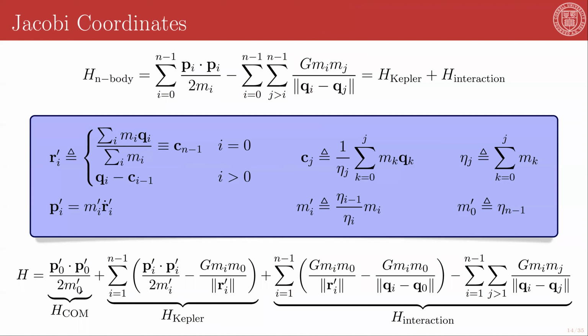We're calling m naught prime the total mass of all n bodies, plus a sum of n minus 1 Keplerian Hamiltonians. So this describes each of the two body orbits around the central body. Thinking about our solar system analogy, this is each individual two body orbit of each of the planets, all summed together. And finally, the Hamiltonian of the interaction, which takes this form.